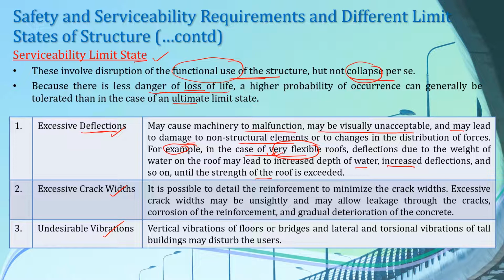As the deflection increases, finally the strength of the roof may be exceeded and the roof may collapse. So this serviceability limit state is not directly linked to collapse or loss of life, but rather it is linked with the disruption in the use of the structure.